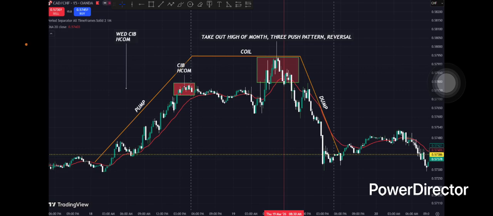Go back on your charts, look at your daily time frames, mark off the high and low of the previous month and the high and low of the current month, and inspect these patterns. 3 higher closes into the highest close of the month, okay? Inspect those patterns. You'll see that those 3 higher closes, a lot of the times, somewhere in those 3 higher closes, we will be breaking out of the current month's high or the previous month's high, right?